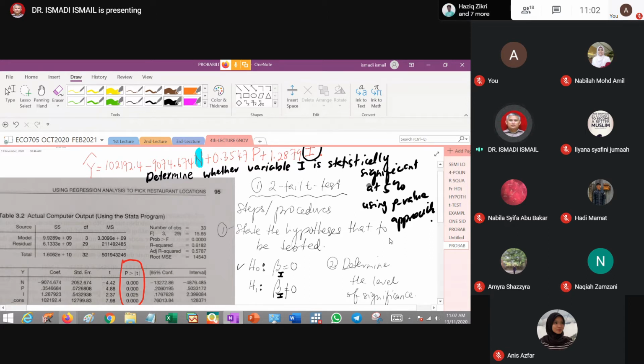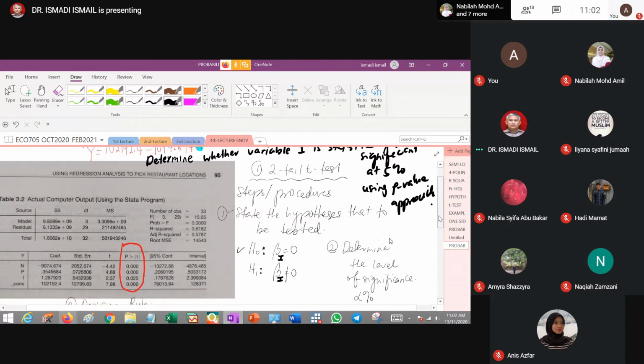When it states significant, we need to test whether it is significant or not significant, meaning that it is a two-sided test. Next, determine the level of significance, where alpha is 5% or 0.05.